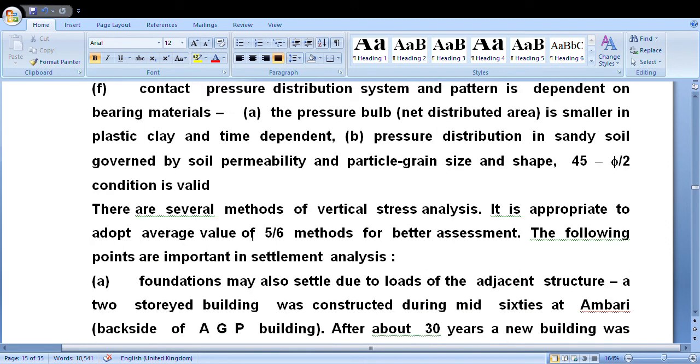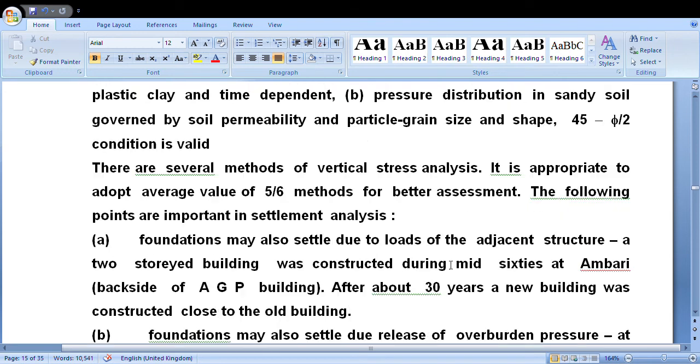There are several methods of vertical stress analysis. It is appropriate to adopt the average value of the 5-6 method for better assessment. The following points are important in settlement analysis. Foundation may also settle due to loads of the adjacent structure.